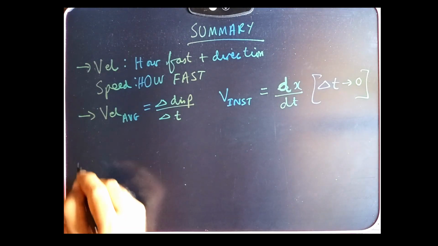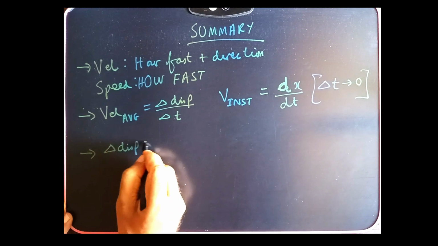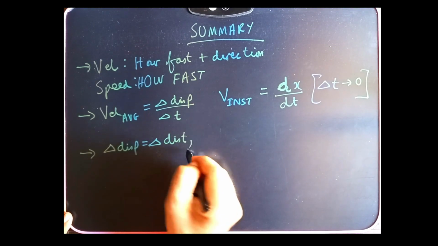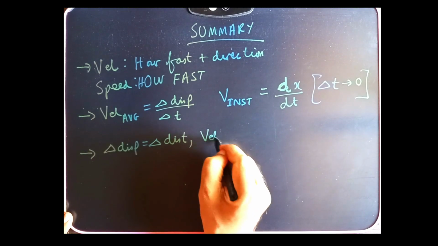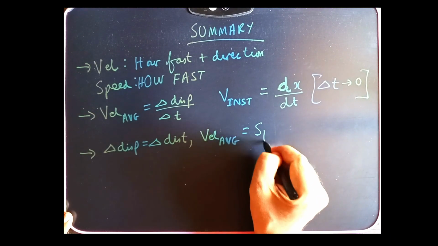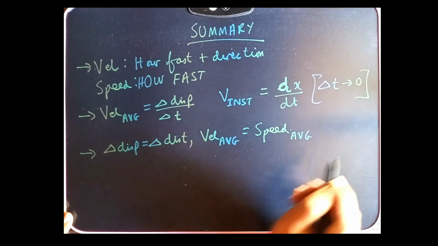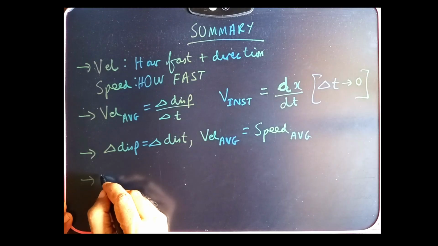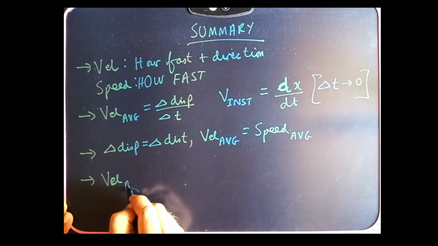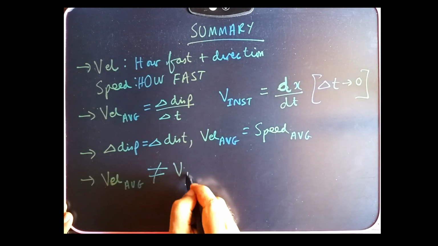We have seen the case that when displacement is equal to distance, at that time average velocity will become equal to average speed. We have also seen that average velocity may not be equal to instantaneous velocity.